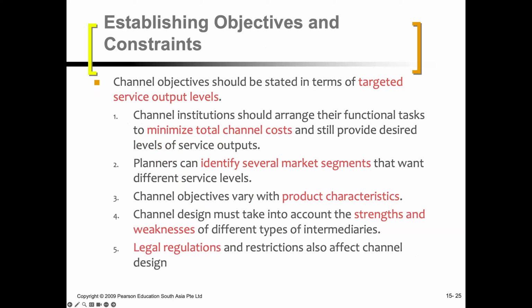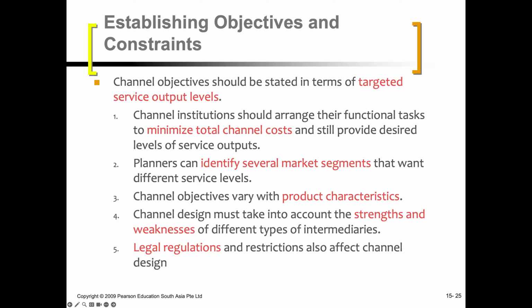Channel objectives should be stated in terms of targeted service output levels. Channel institutions should arrange their functional tasks to minimize the total channel cost, but still be able to provide the desired level of service output.